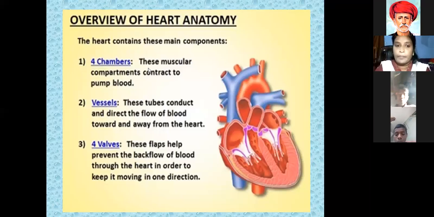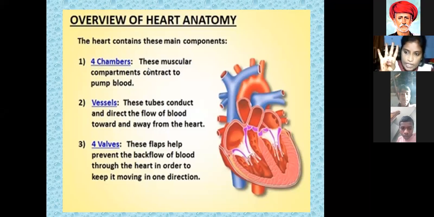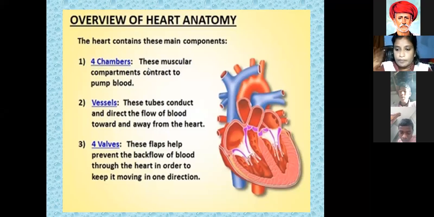Okay. The heart contains these main components. What are the main components? Chambers, blood vessels, and 4 valves.